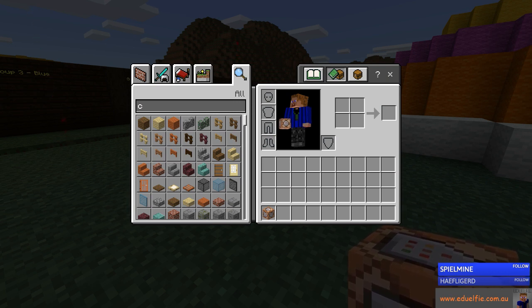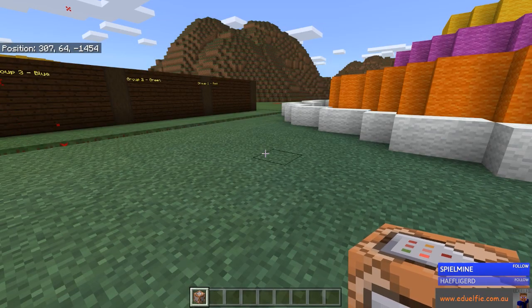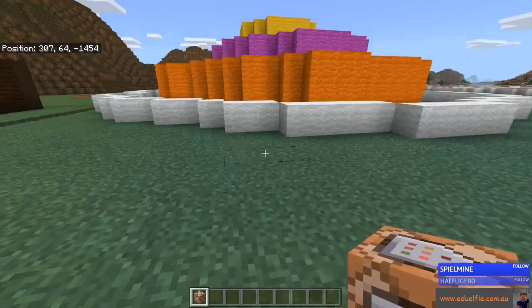Get everything back up the way it was. Build demo. I only need to name it so that it's on my sheet. 30764 -1454. I probably should check that message at some stage.